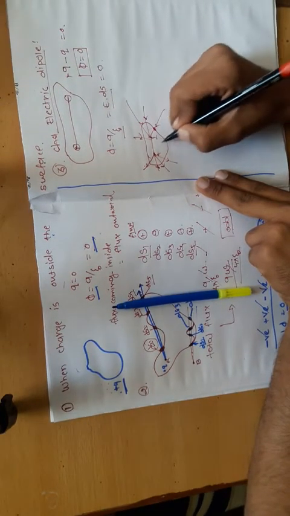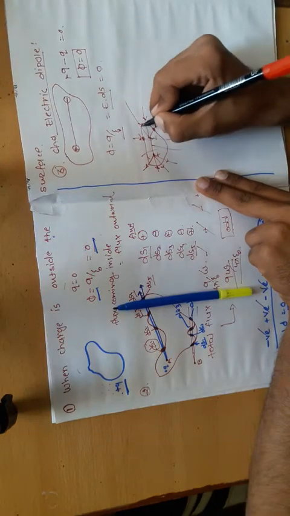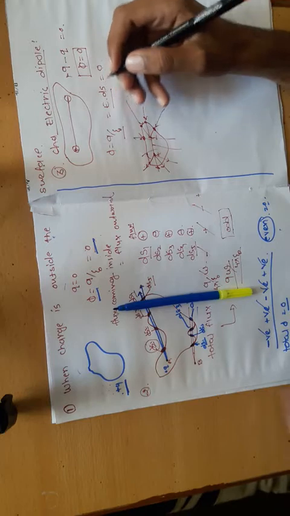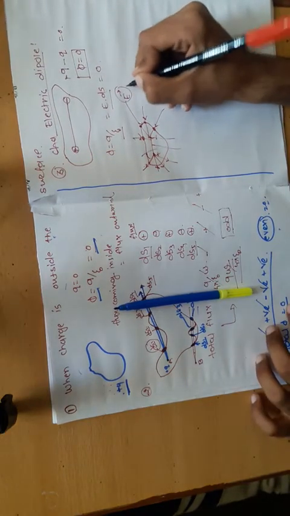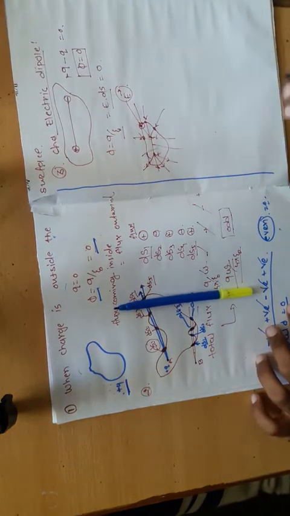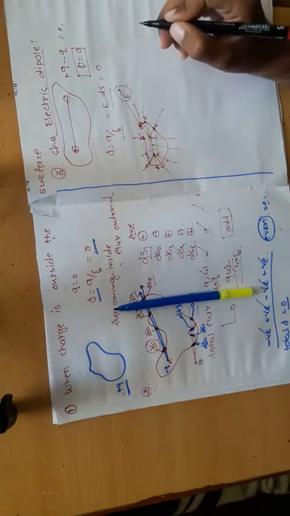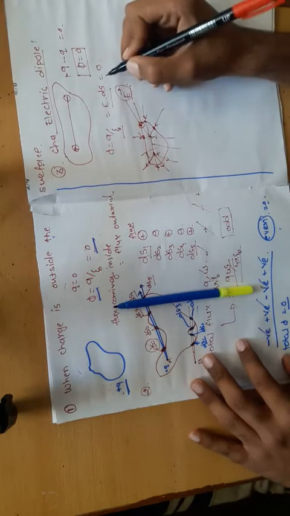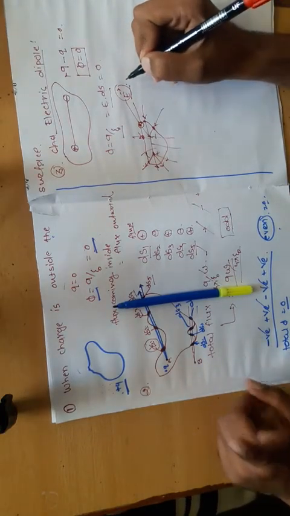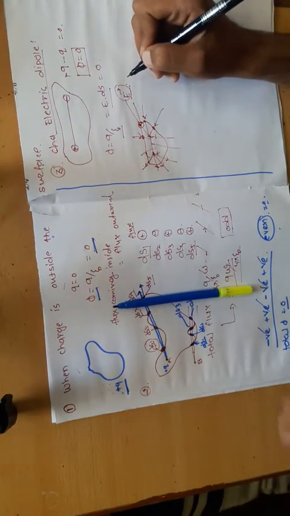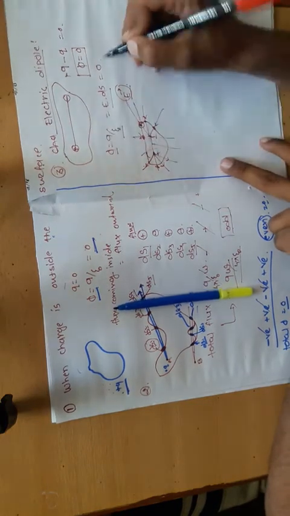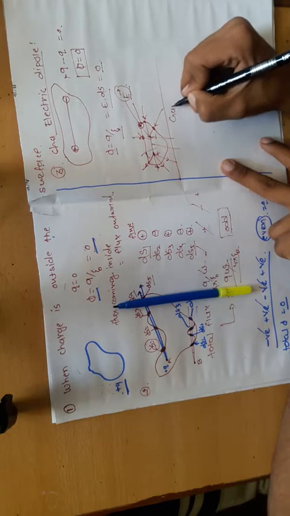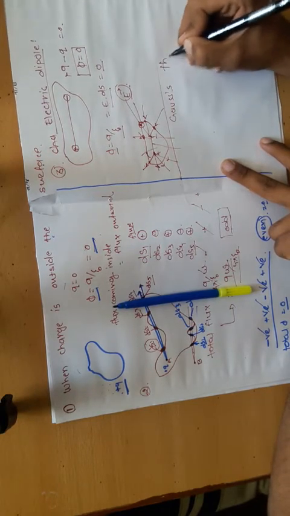So on a particular surface there is a fixed and definite value of the electric field. It is a simple thing you have to remember: it is not necessary that the electric field is 0 when the flux is 0. So that was Gauss's theorem.